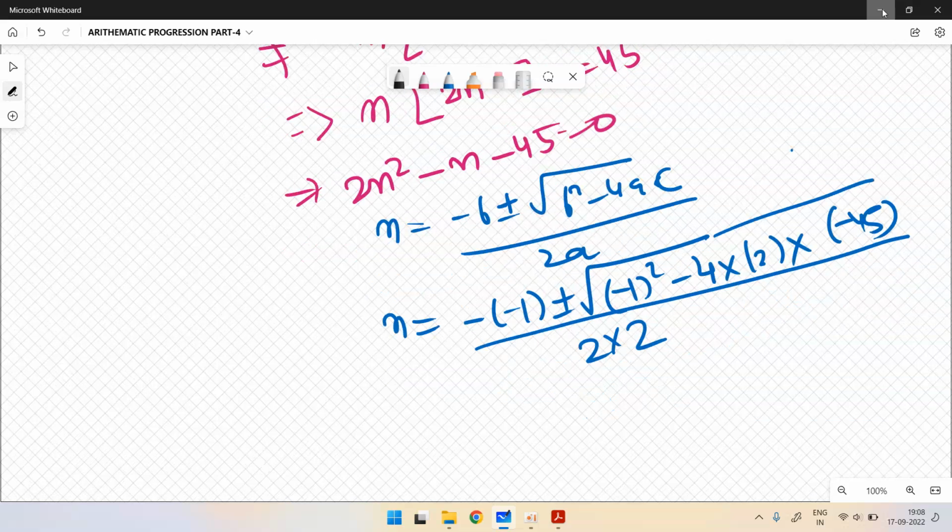Okay, so 8 and 40 is 36, 4ac, a is 2, 4a into c is 45 into 8, which is 8 and 40, it's 36.